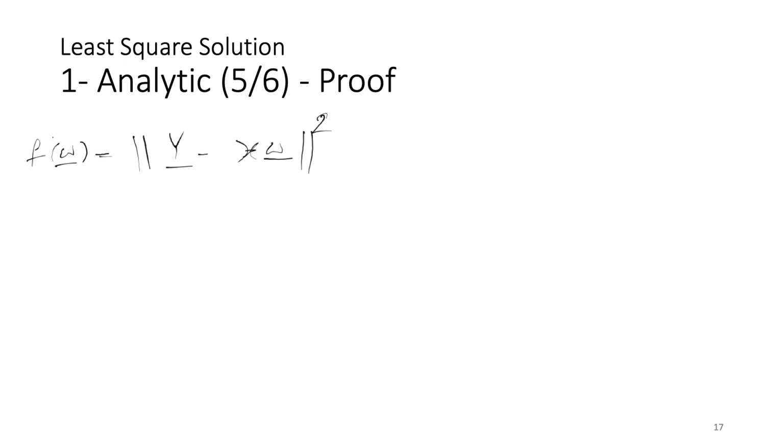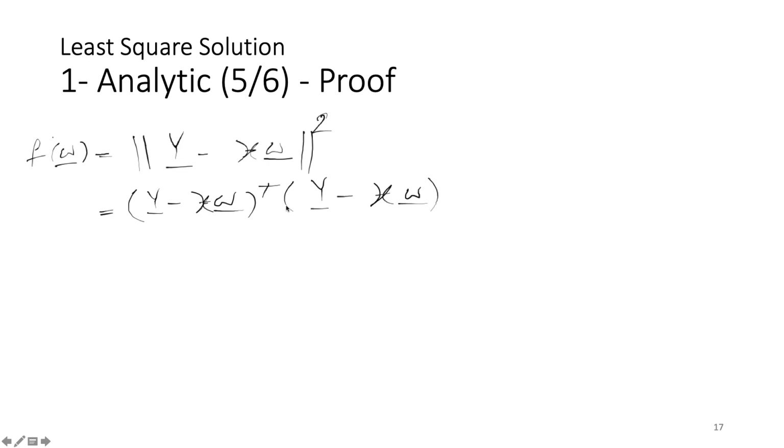If you expand this in vector space, this is equal to the same term, (y minus Xw) transpose multiplied by (y minus Xw), right?